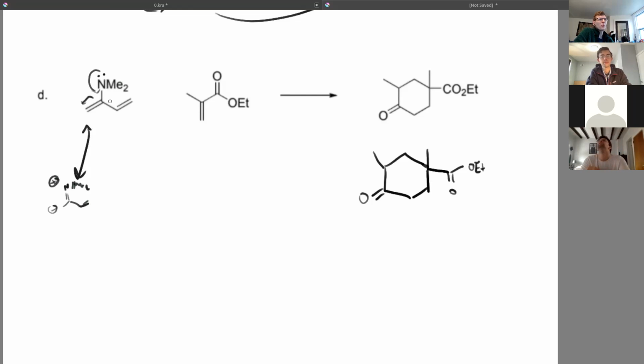I don't know. We'll probably actually react with this enamine. I'm gonna guess. That's probably a safe bet. Well, here's my thought then.